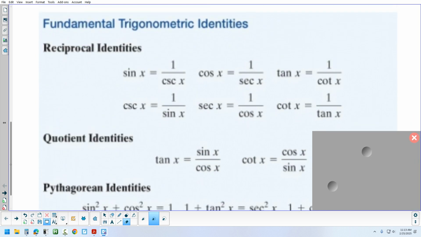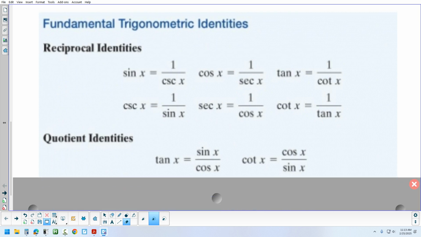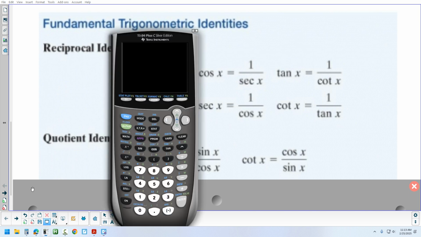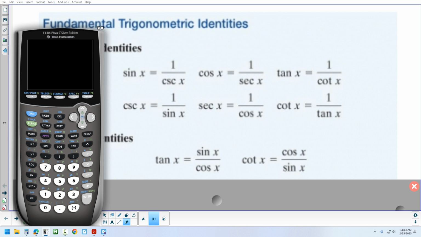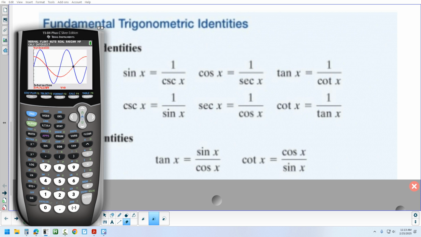Okay, the next ones are the tangent and cotangent identities. If you want to find the tangent, it's the same as the sine divided by the cosine. Let me show you. So let's say I want to do the tangent of 4.6. That's exactly the same as the sine of 4.6 divided by the cosine of 4.6.